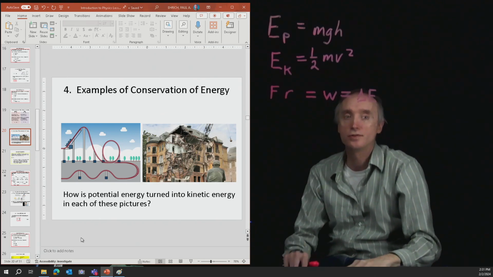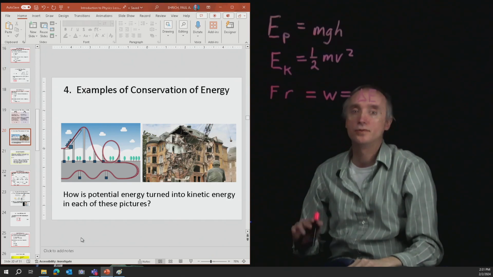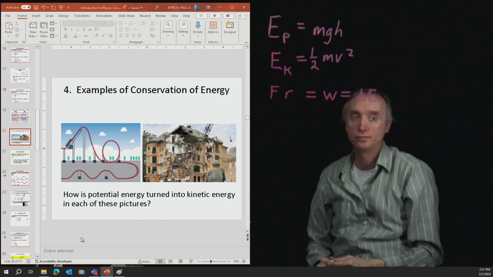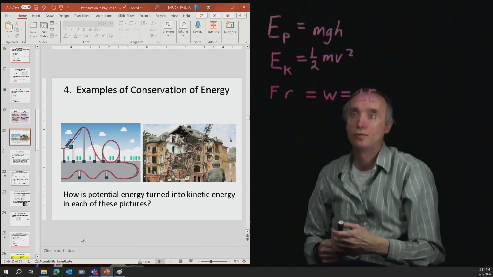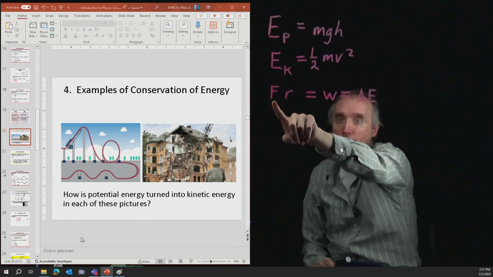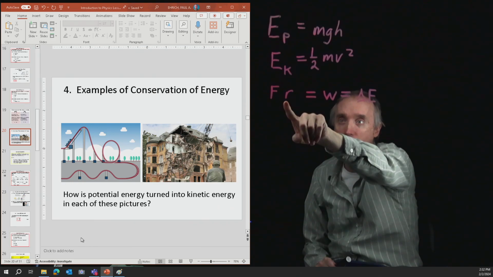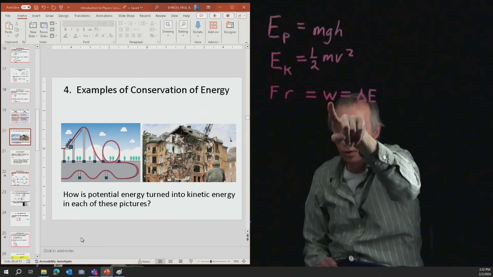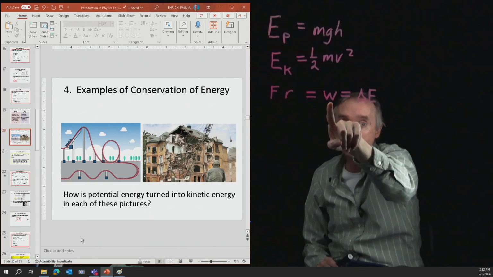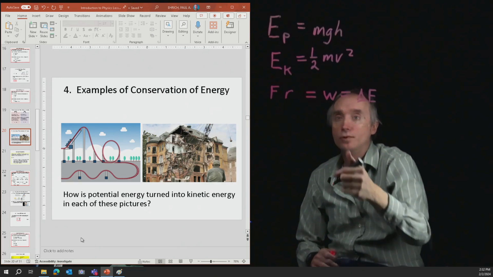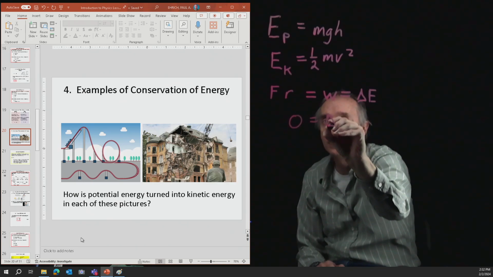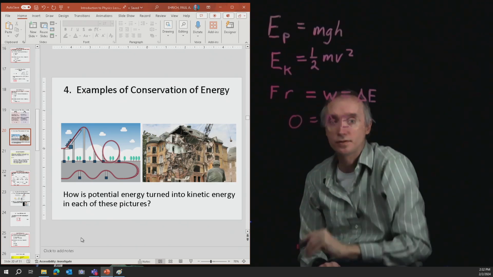Now the question is, what would happen if there is no external force acting on the system? So if there was no force, then F would be 0. 0 times anything would be 0. So there would be 0 work acting on the system. And so then that would mean that 0 would be equal to the change in energy of the system.